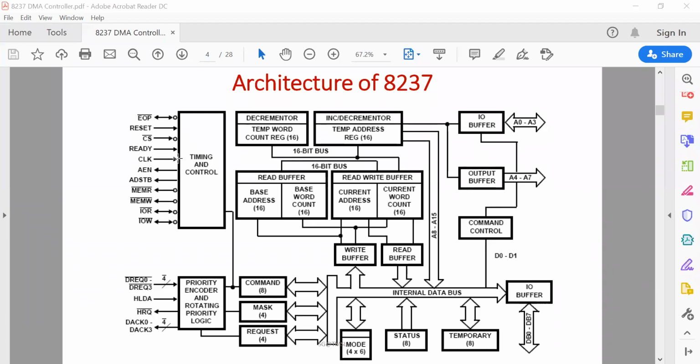So the 8237 houses a set of 12 types of registers. Some of these registers are present in each of the 4 channels, while the remaining are common for all the channels. Considering the multiple existence of the registers, there are 25 registers in the 8237.